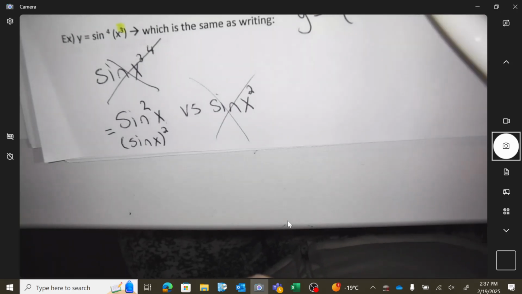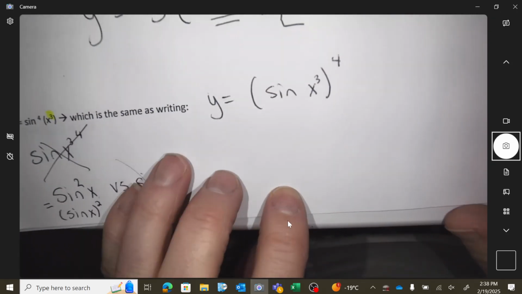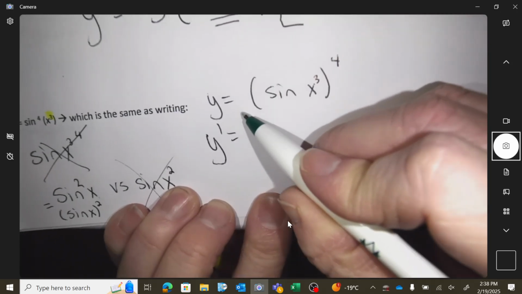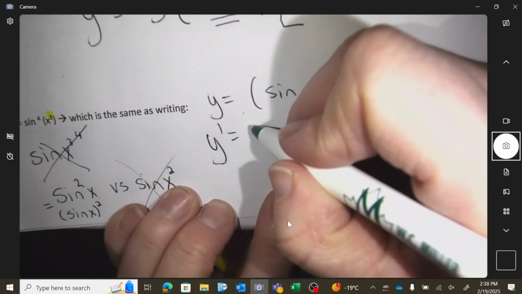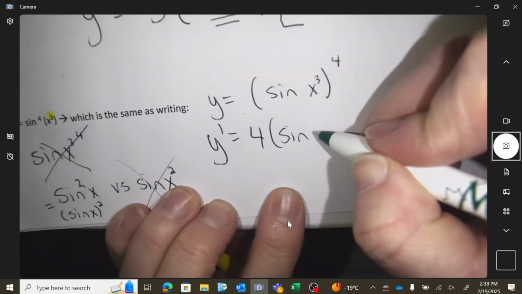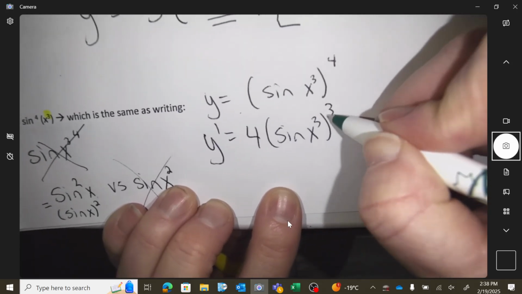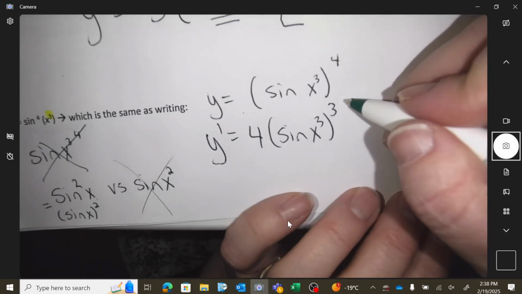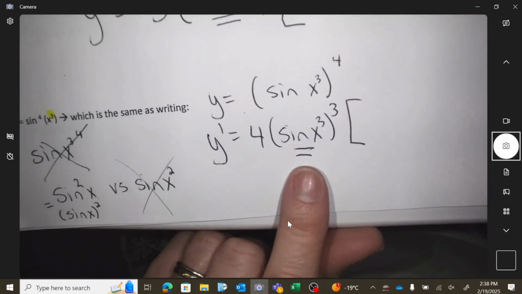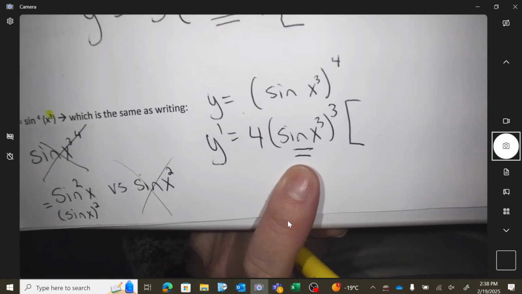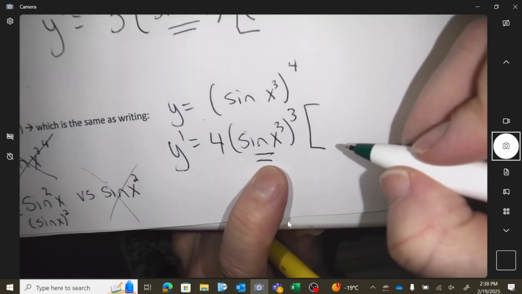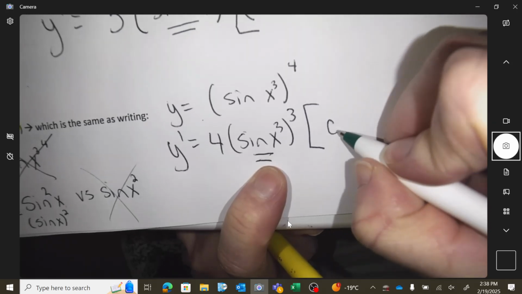Okay, so ready? Here we go. Chain rule. What's the front times the top? 4 of those to the 3. So that's my exponent chain rule. Attach the derivative of this family. So the derivative of the family is doing a trig rule. So now what's the derivative of sine?